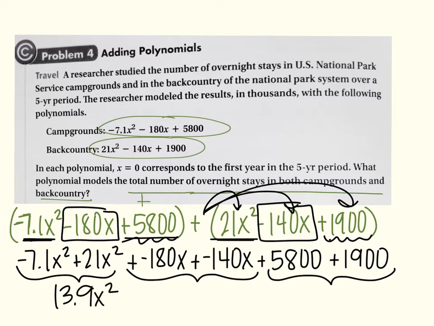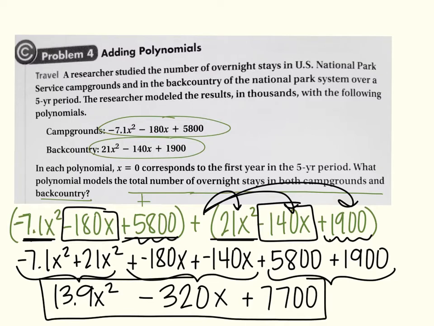And then negative 180 plus negative 140 is going to be negative 320x. And then 5800 plus 1900 is going to be 7700. And this polynomial is your answer. You can't do anything else because you don't have any more like terms. Okay? And that's the horizontal method.